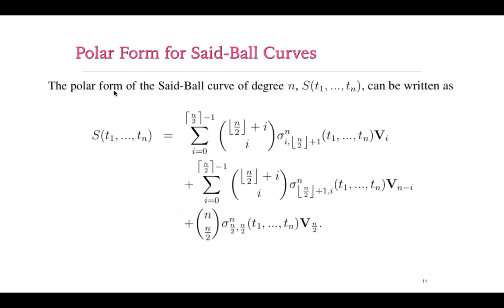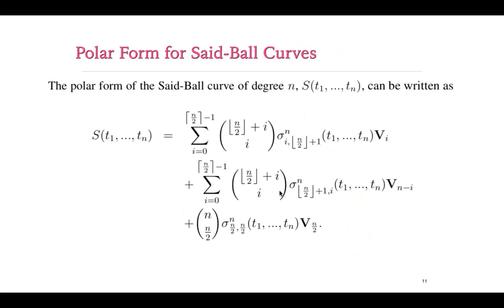And I've just told you that the polar form for Sideball had been proved before, right? In order to get the result, you can see that this one is floor of n divided by 2 plus I, and I, right?